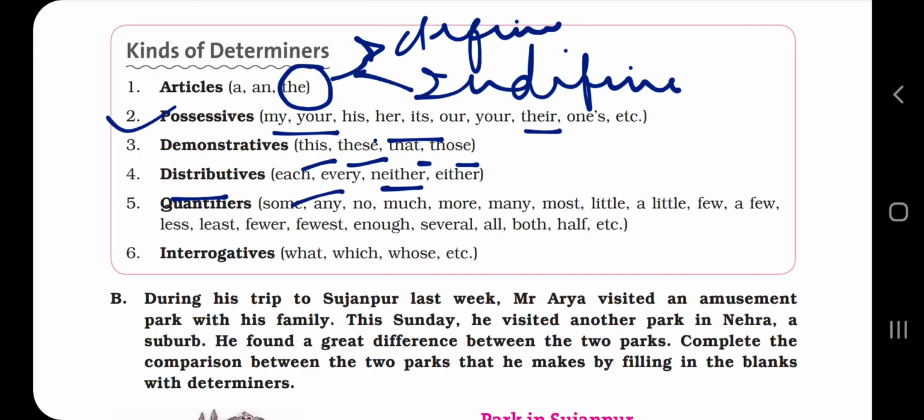Distributive: each, every, neither, either. Quantifier: some, any, no, much, these are all quantifiers. Interrogative: what, which, whose, etc. Now you will get to understand while doing this chapter. So determiners are the words which are placed before a noun or noun phrase to determine its amount, quantity. Let's move.